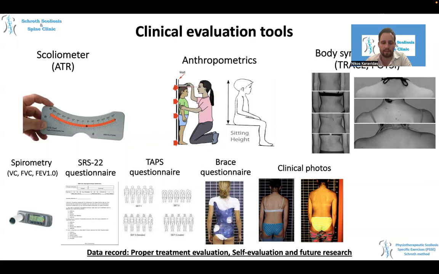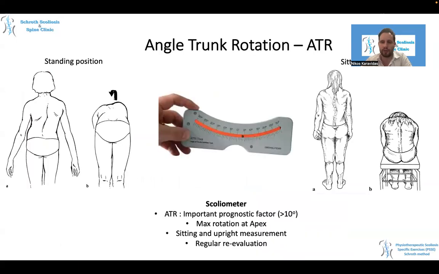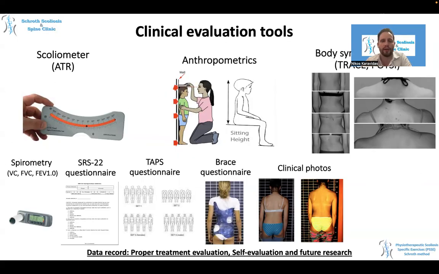We are the ones who can make all these measurements to be able to identify at any stage of the treatment if we're going well or not. This is really important because we are the ones who spend more time with our patients. We have the clinical tools to make these measurements so that we can inform the whole therapeutic team about the quality of our treatment.